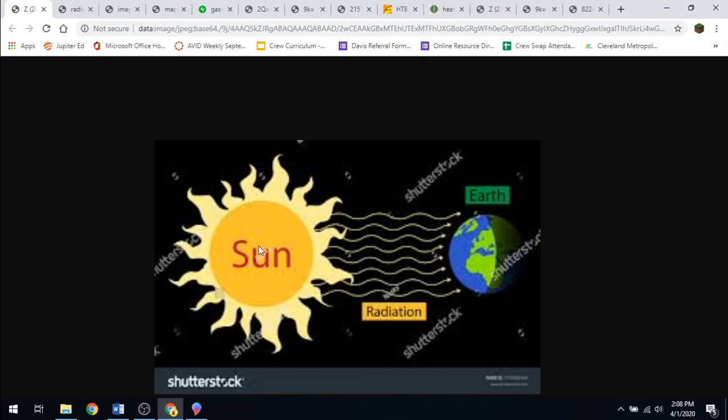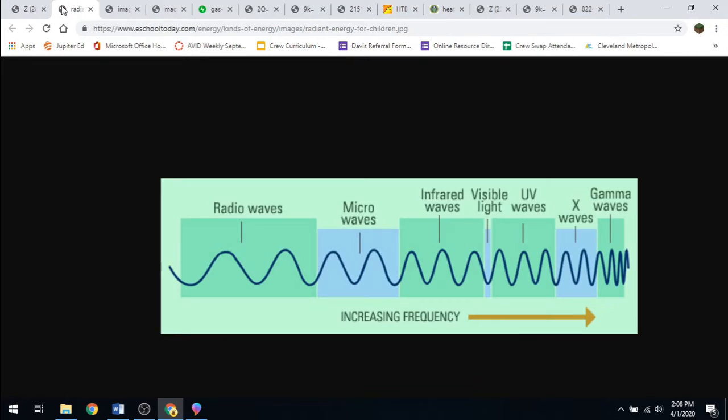Light moves in waves, and there are a lot of different types of light waves. Another word for heat here is infrared. So infrared waves are the part of the light that we get and feel as heat. I also told you that we think of light.